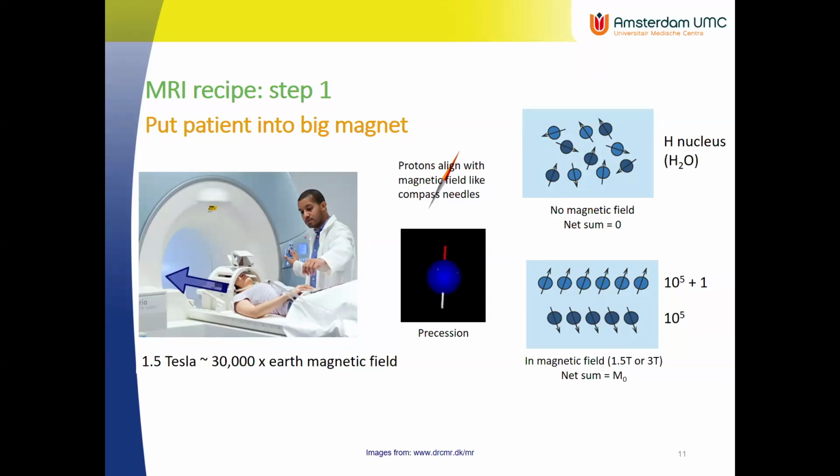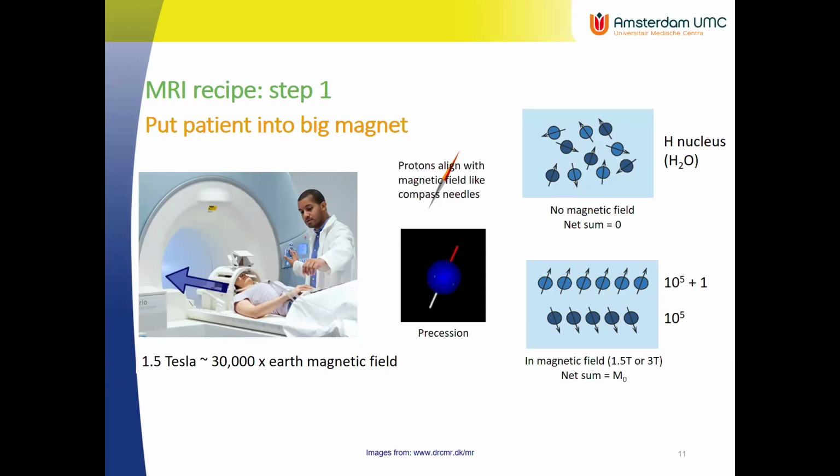The reason why I need such a strong field is that the alignment is only very weak. The compass needles do align, but if I have 10 to the 5th protons, then only one will have a net alignment. The other ones will have opposite alignment because there's a lot of energy, so they jump back and forth between the energy states, and only one will have that net alignment and produce the MR signal we're interested in.